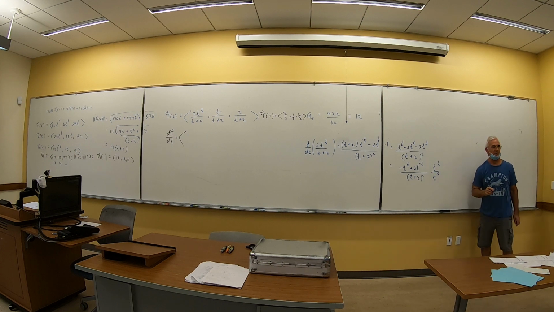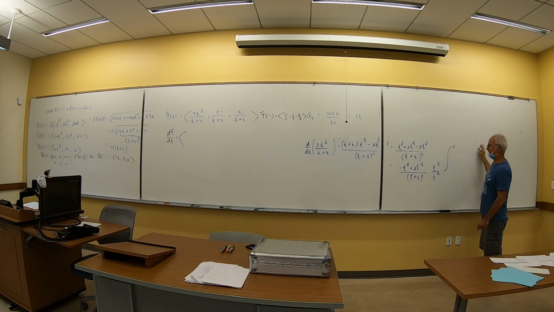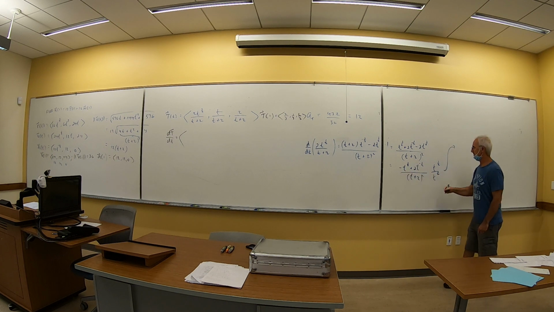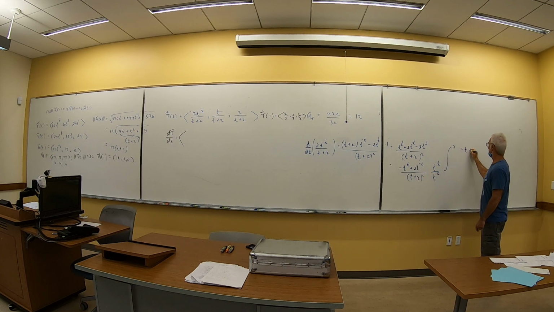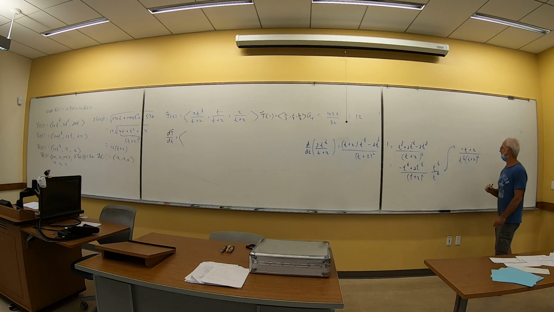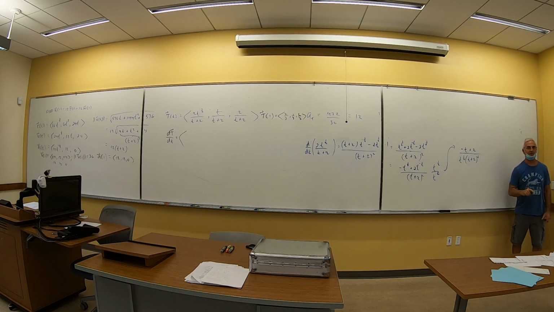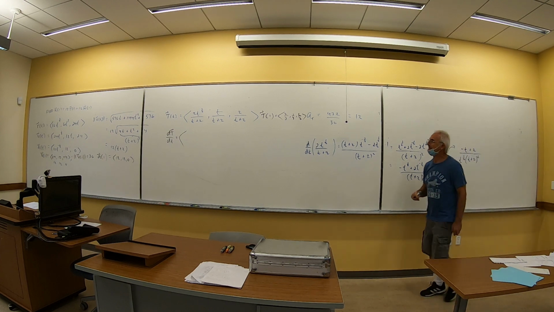Just multiply top and bottom by t to the 1/2. And when I do that, what do I get? I get negative t plus 2 over t to the 1/2 times t plus 2 quantity squared. That's a big yikes. That's the first one.